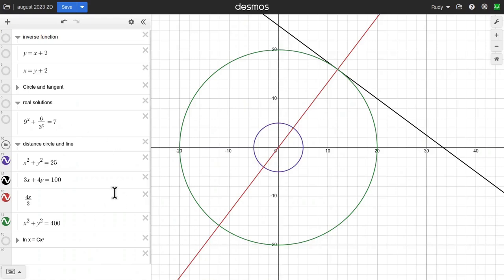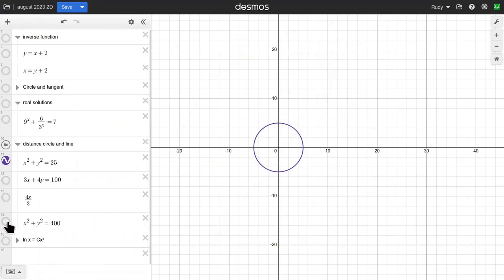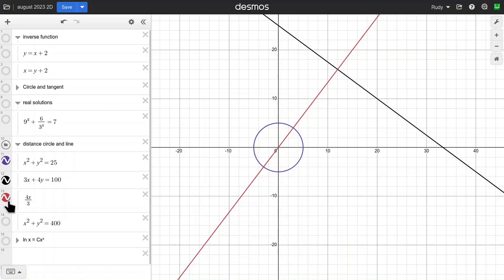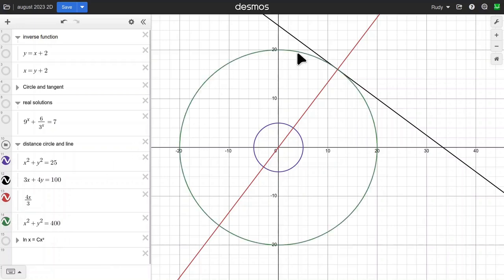If you look at this in Desmos, this is our original circle, this is the original line, this is the line perpendicular, and if we draw a circle through that point here, you can see that the radius will be 20.